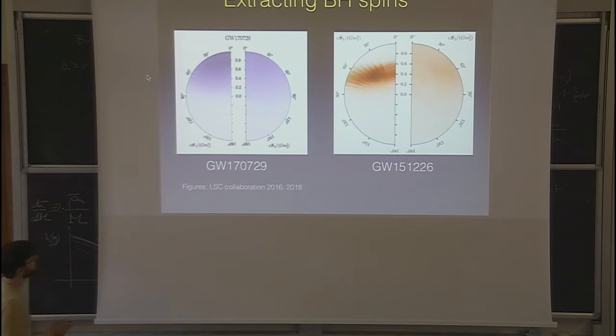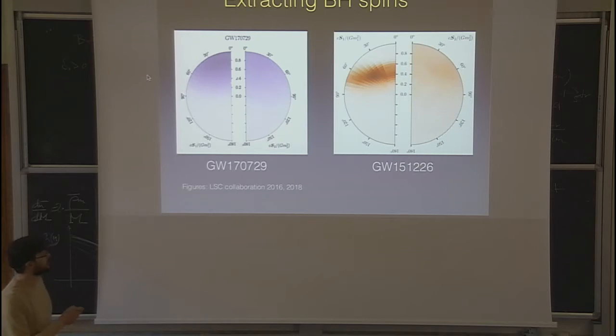And in particular, in that event of 50 solar masses, which I mentioned before, which is the one giving us trouble for the astrophysics, you also have some evidence for large spins for both objects, and perhaps even aligned spins.